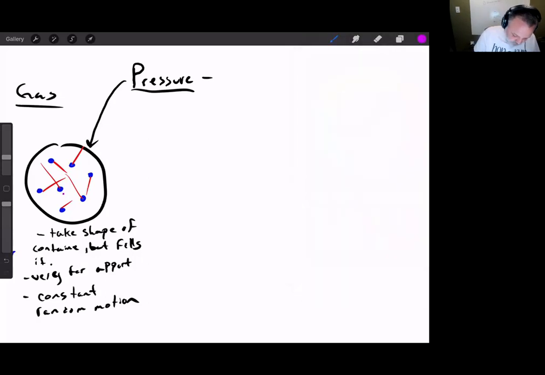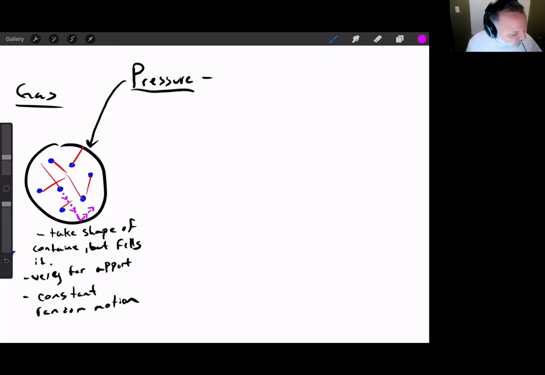It's heading this way. So eventually, what's it going to do? It's going to collide with the container walls. This collision with the container walls is what develops pressure.